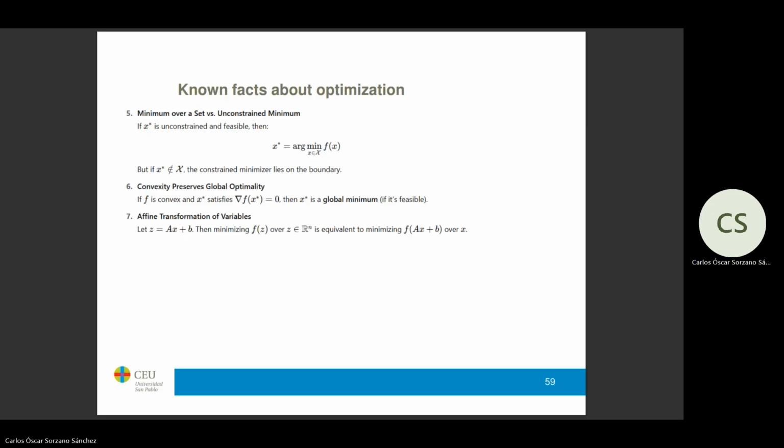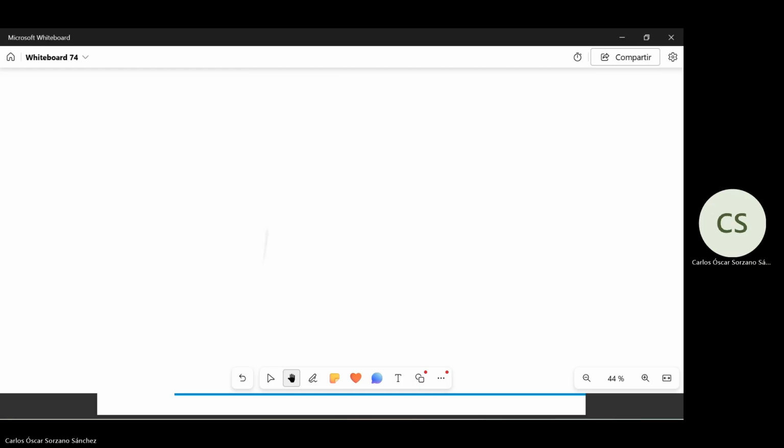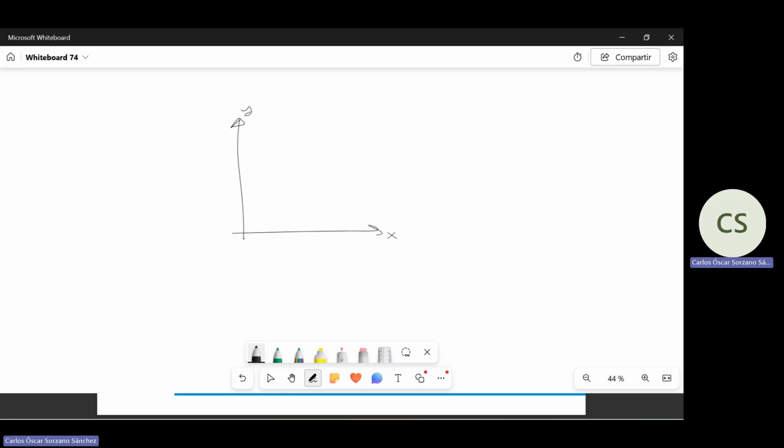Maximum likelihood. Okay, so I have some points, and I want to find a function. My estimate is equal to beta 0 plus beta 1 x plus beta 2 x squared.